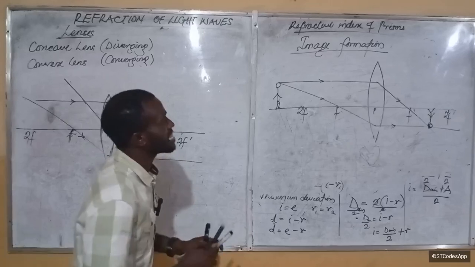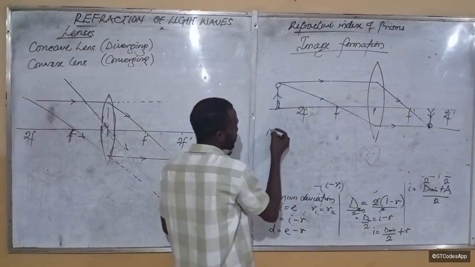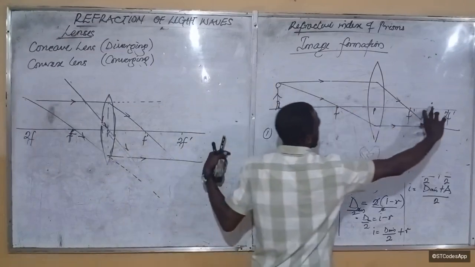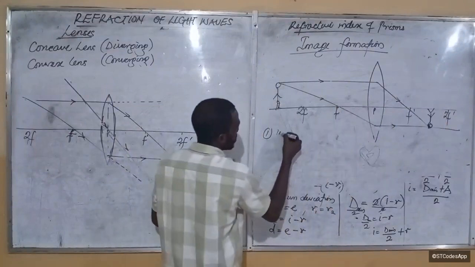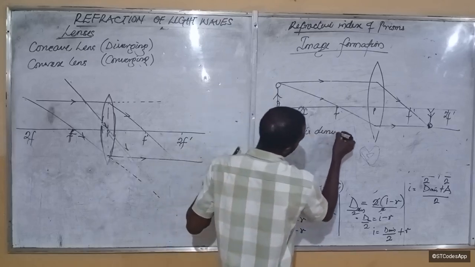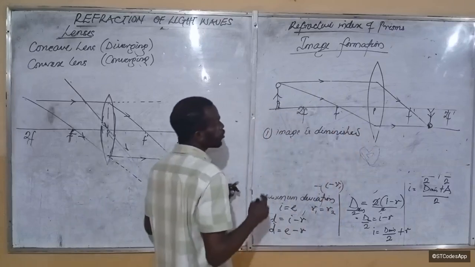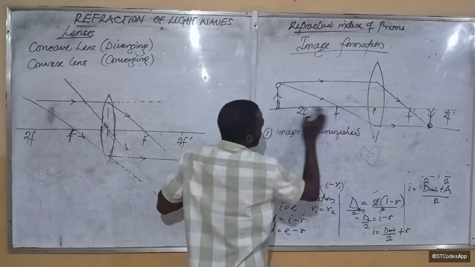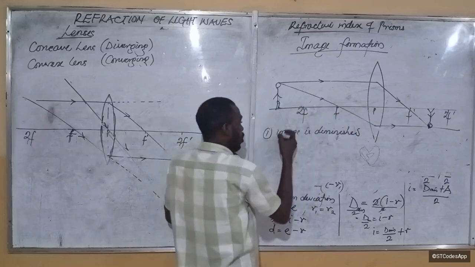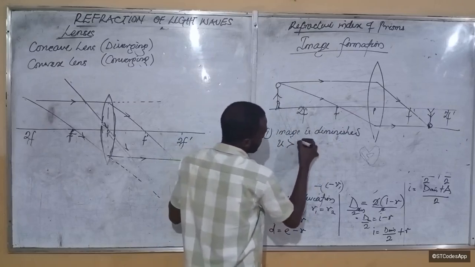Now watch. You see the size of this guy. What happened? Look at the size. It has become smaller. So the image is diminished. What else? You will notice that the object distance is greater than the image distance.